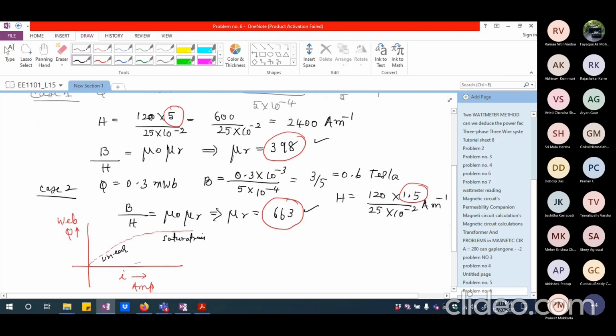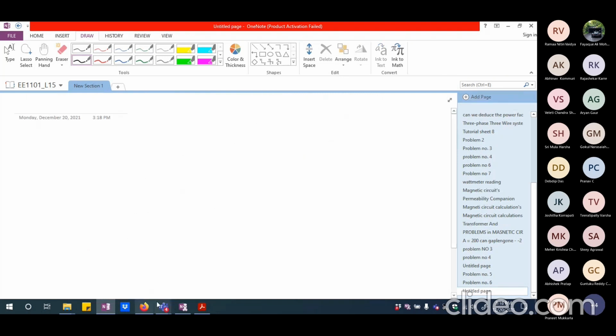Because the current may be increasing, but the flux does not increase correspondingly. So initially, when the flux and current are proportionately increasing, mu R will be higher, but eventually it will become lower. So this happens in saturation region. Just wanted to mention this so that you guys will be familiar with saturation eventually when we talk about it.